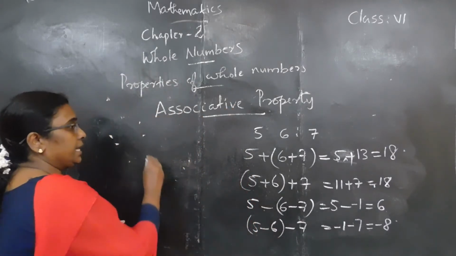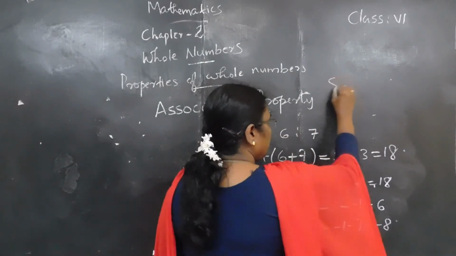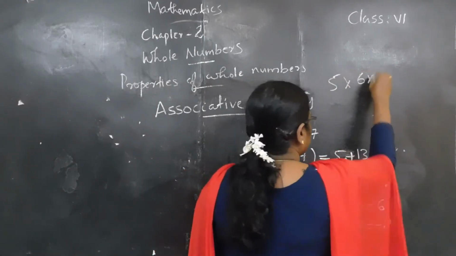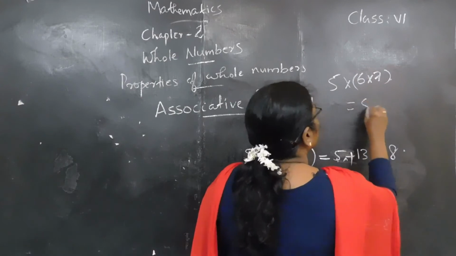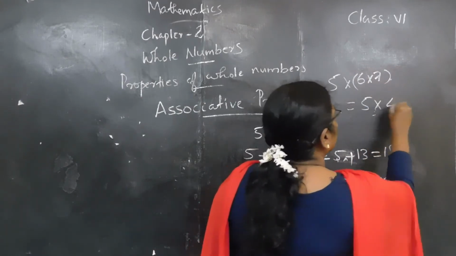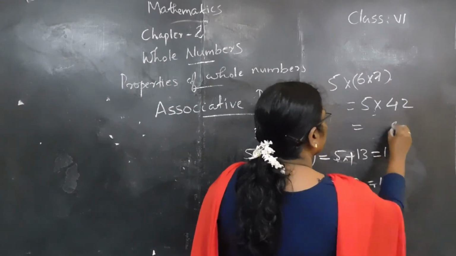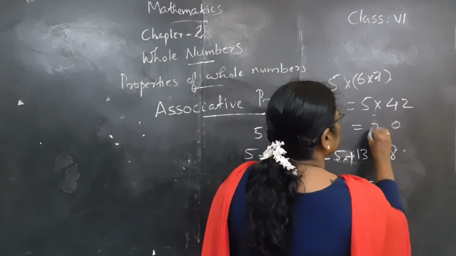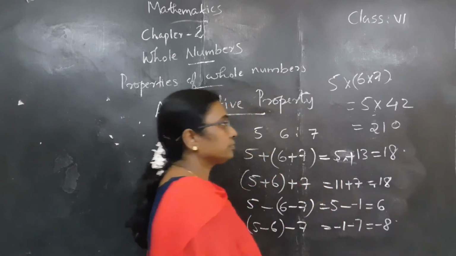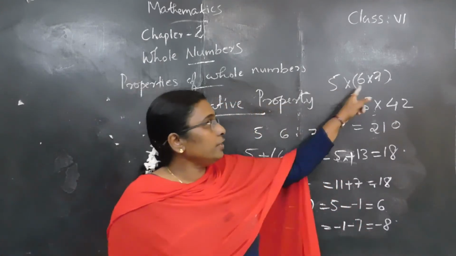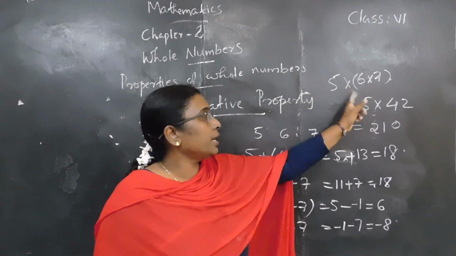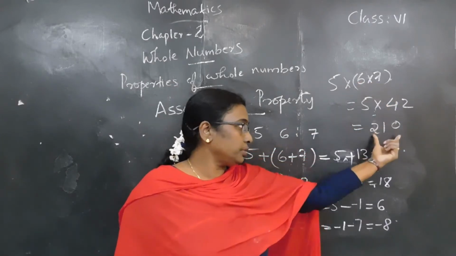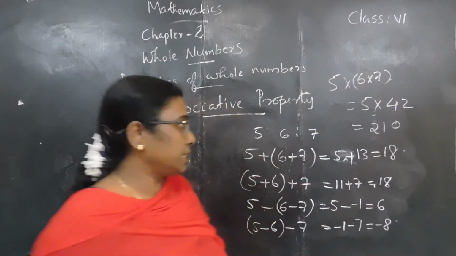For multiplication, 5 into 6 into 7: 6 into 7 is 42, so 5 into 42 equals 210.